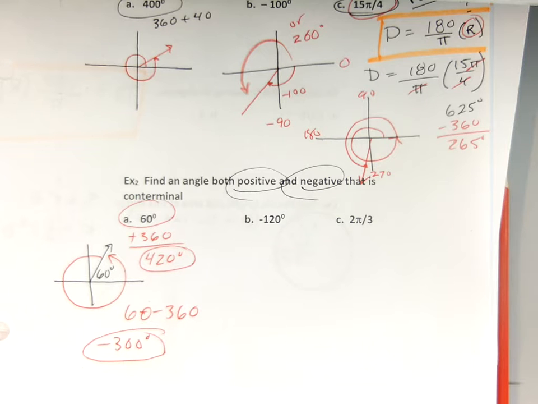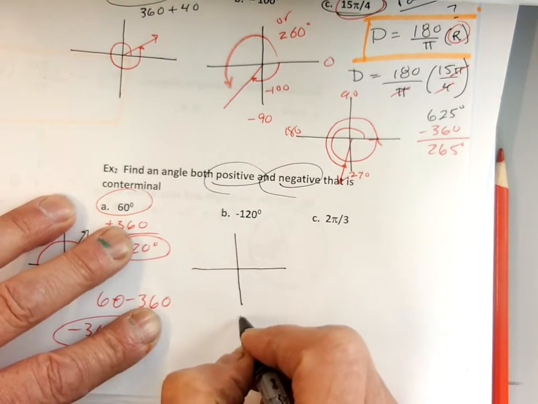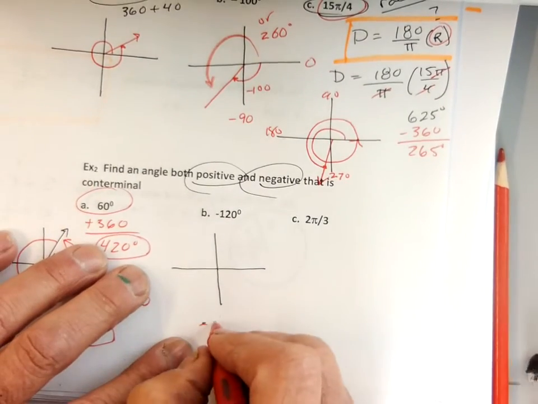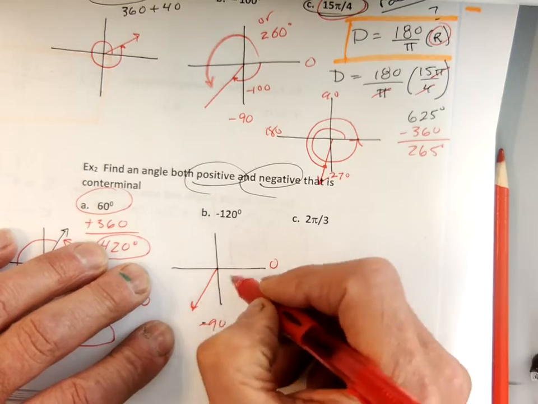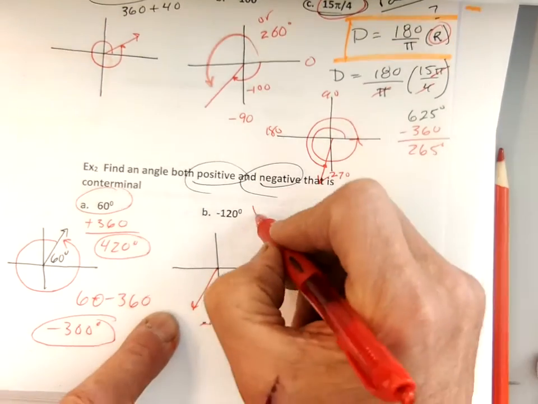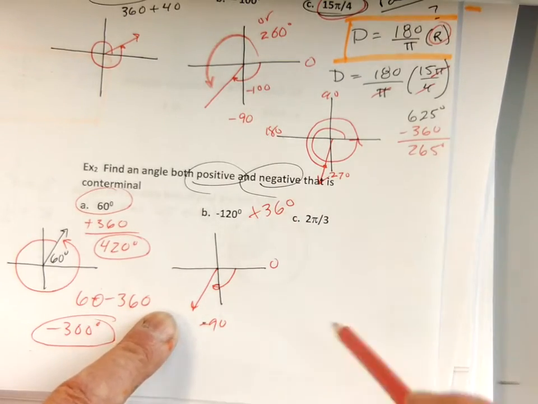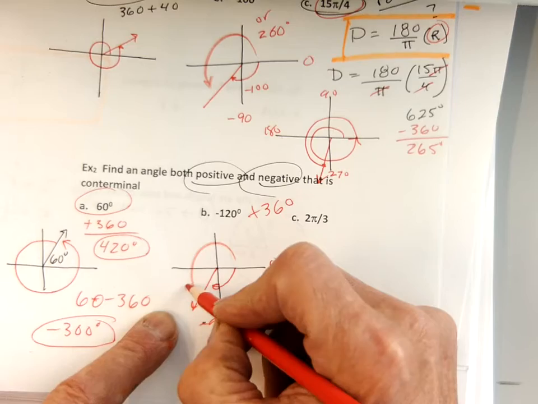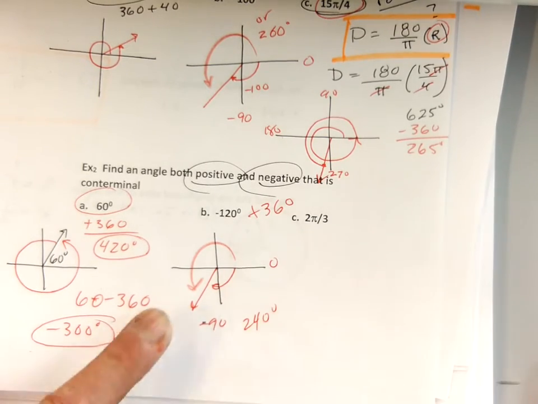So what about B? Well, I already have negative 120 degrees. Let's see, that's negative 90, right? 0, negative 90, so it's about there, right? So I could take my tire and spin it 360, which would give me a 240 degree angle, right?